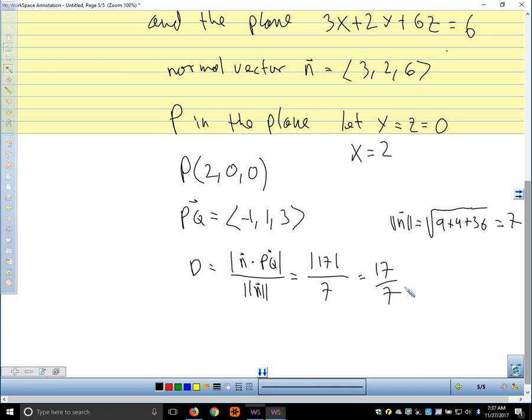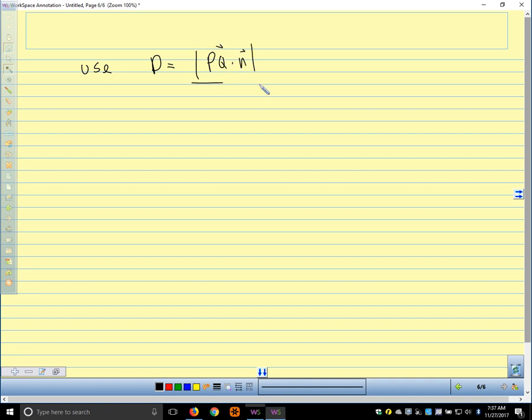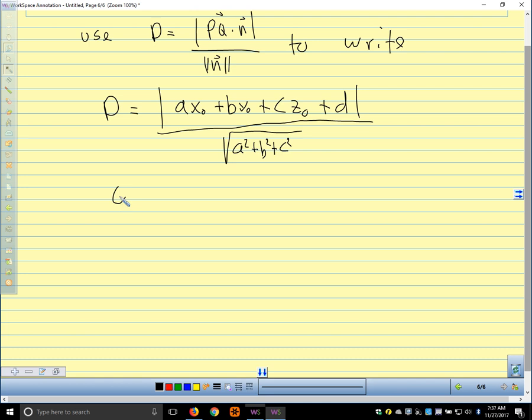So if you like to remember formulas, we can use this dot product to write that our distance equals the absolute value of A x0 plus B y0 plus C z0 plus D, divided by the square root of A squared plus B squared plus C squared, where Q is given by (x0, y0, z0).